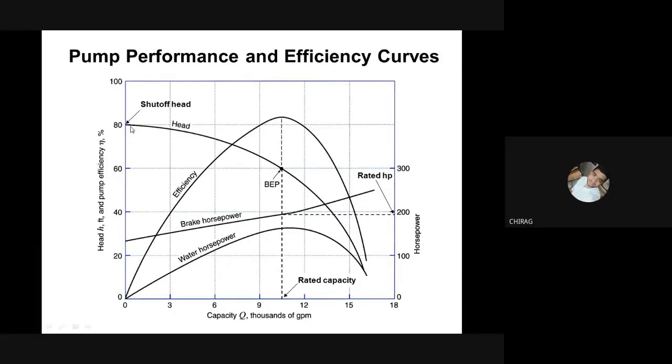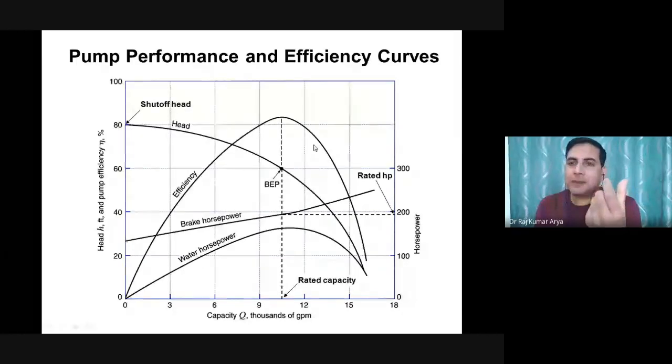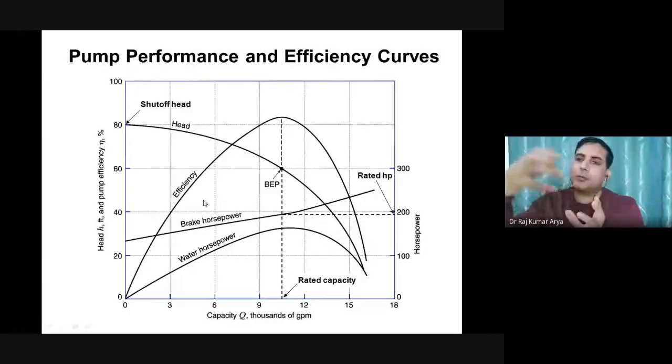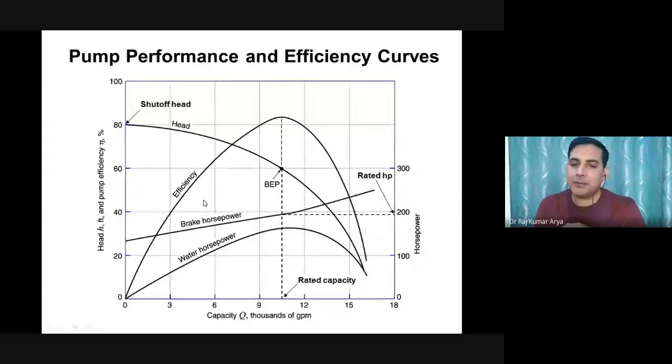Now what will happen beyond a particular point if you are taking more and more Q? Up to some point, the efficiency of the pump will increase, meaning you are able to transport the fluid. If you increase the diameter more and more, you are taking more and more fluid out. After some point, you reach a maximum.